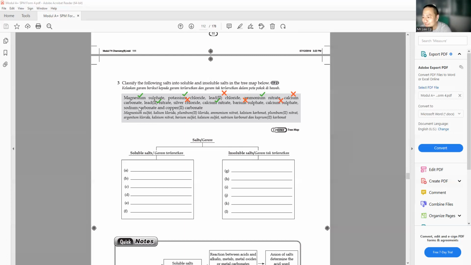The word sodium, the sodium tells you it is soluble, not the carbonate. The carbonate is not telling you anything from here, right? Last one, Yun Hui, copper carbonate. Copper carbonate, not soluble.